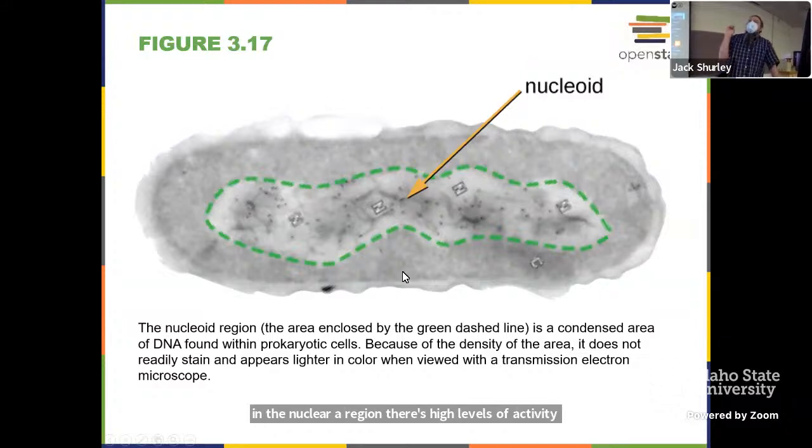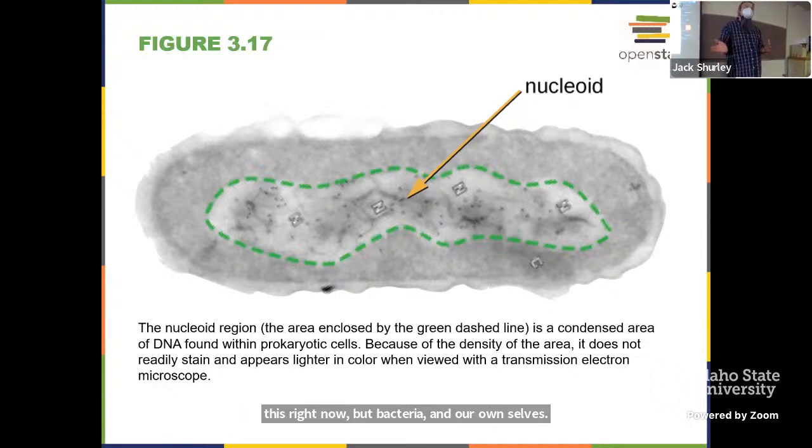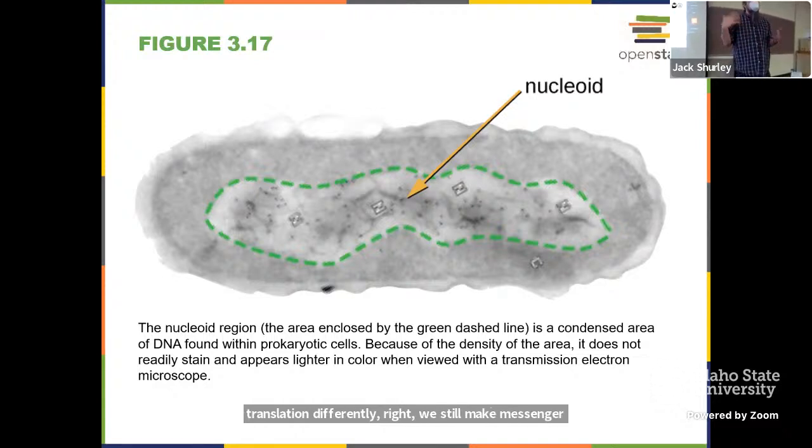And we're not going to get bogged down with this right now, but in bacteria and our own cells, we go through this process of transcription and translation differently, all right? We still make messenger RNA, we bring in the transfer RNAs and we slap in amino acids, right? But in a bacterium, that stuff is happening almost simultaneously, all right?